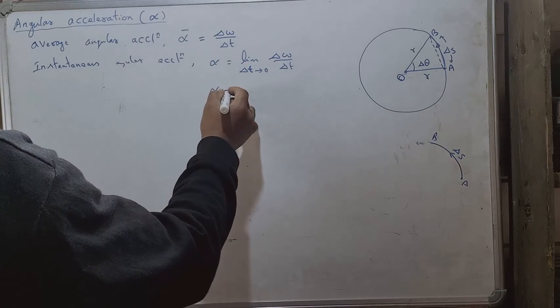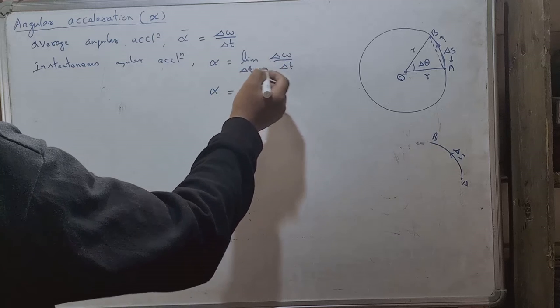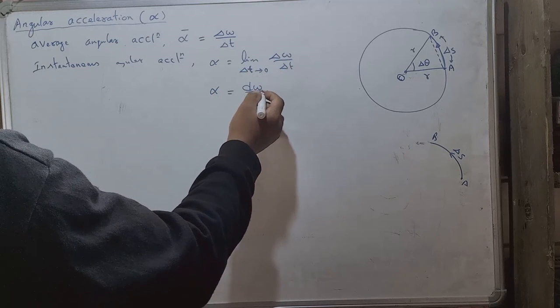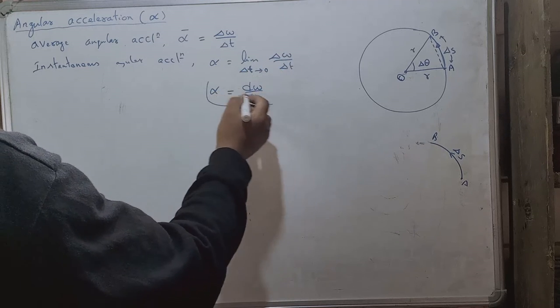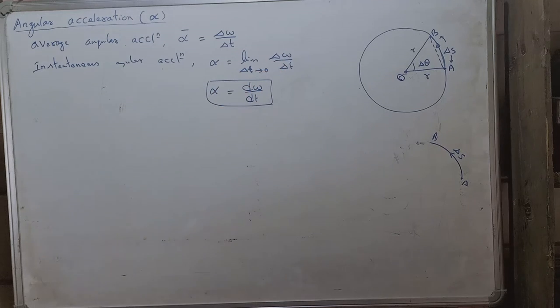Or we can say alpha is equal to d omega upon dt. So this is the instantaneous angular acceleration.